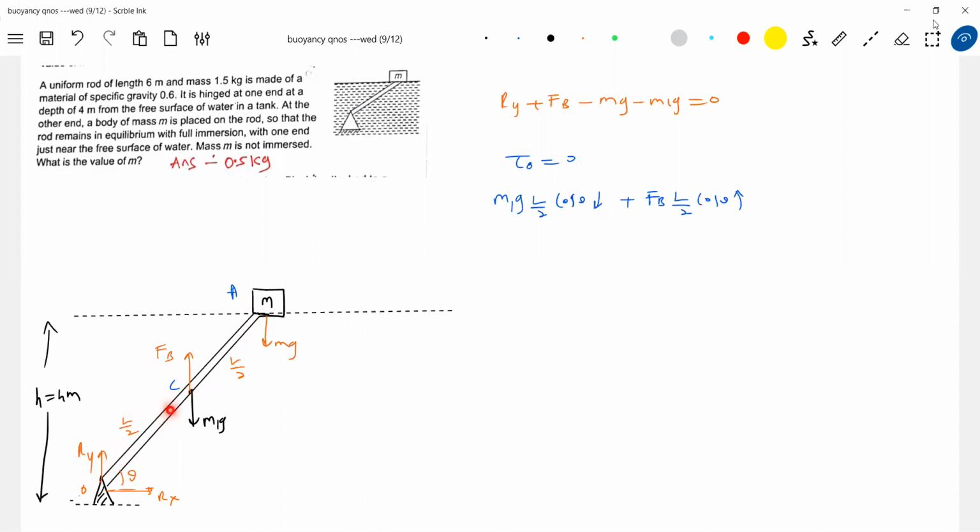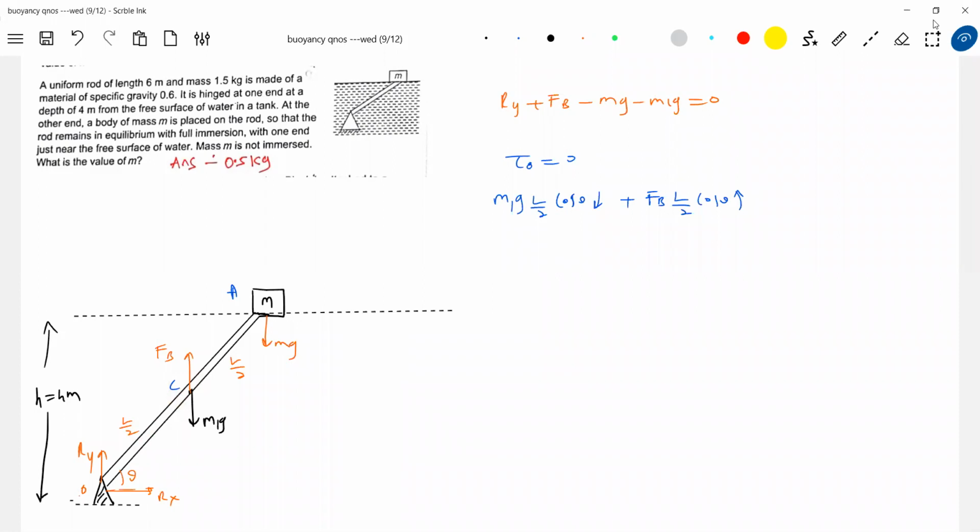Can you recollect? Now the total length of the rod is immersed, so the buoyant force will act through the center of buoyancy, which now will be the midpoint of the rod. If half of the length is immersed, then the center of buoyancy will come at L by 4. I think yesterday we discussed one problem, please do compare.